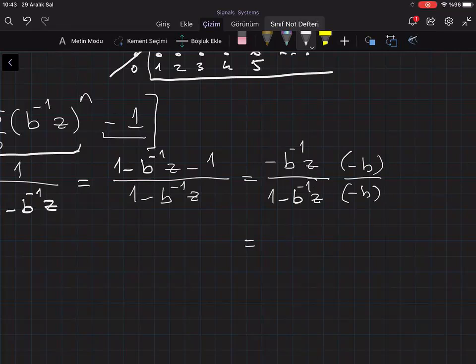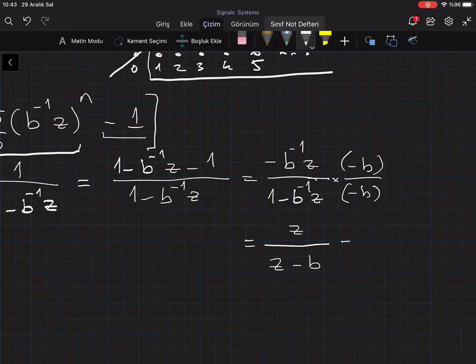If I multiply both sides by minus b, z over z minus b. Is this correct arkadaşlar? That's correct. Yes.